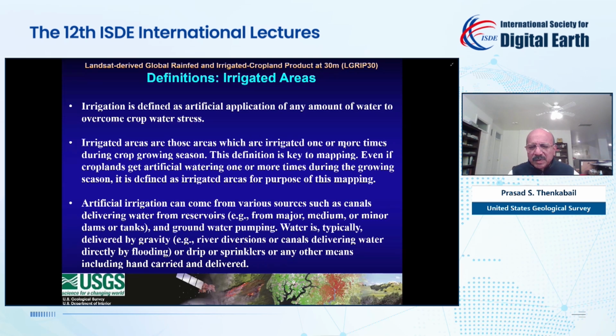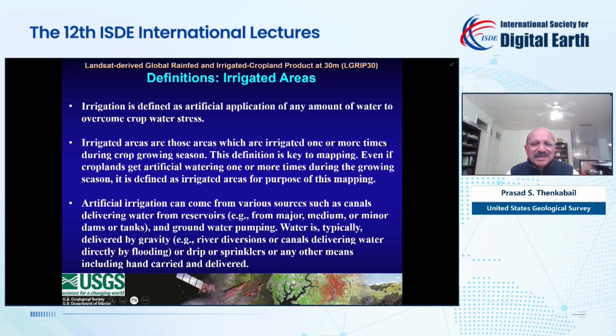One person might define something in some way, another person defines it that way, so you get two maps that are not really comparable. So in our case, when we talk about irrigated areas, we said even during the growing season, even if you irrigate it once, it is an irrigated area. That means it might have a true seasonal crop, but even in one season, one time, if you irrigate it, it is still an irrigated crop.